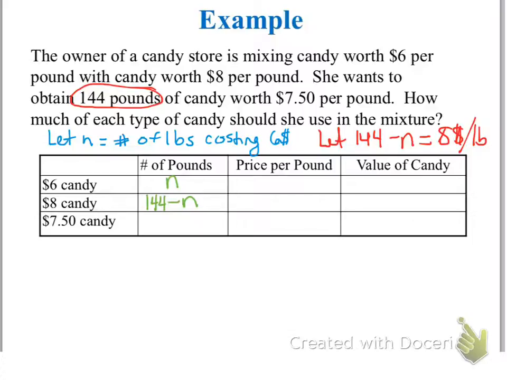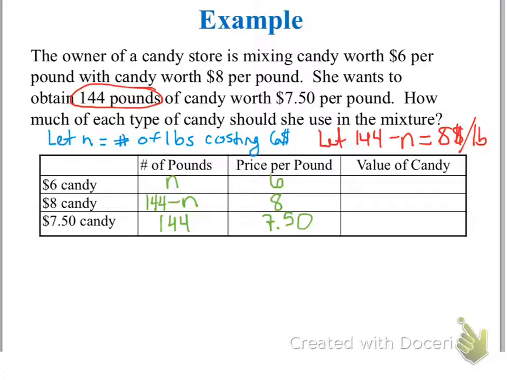Alright. Remember the $7.50 candy, I want 144 pounds. Now, the $6 candy, remember, costs $6 per pound. $8 candy costs $8 per pound. And the $7.50 candy costs $7.50 per pound.